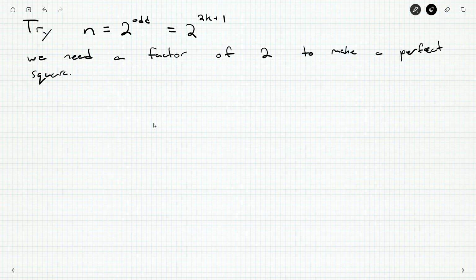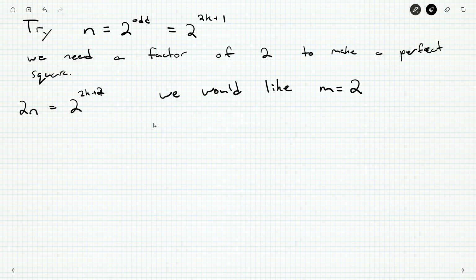Okay, now what I want is, so twice n, by the way, is 2 to the 2k plus 2. Alright, so we would like an m which is 2 times a perfect square.